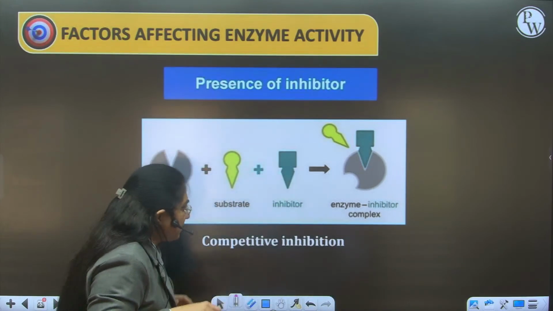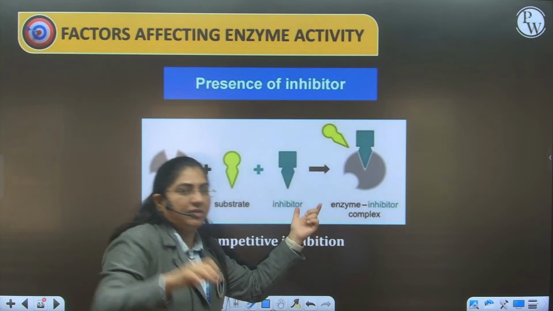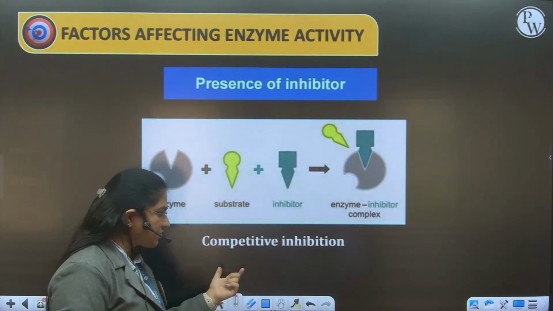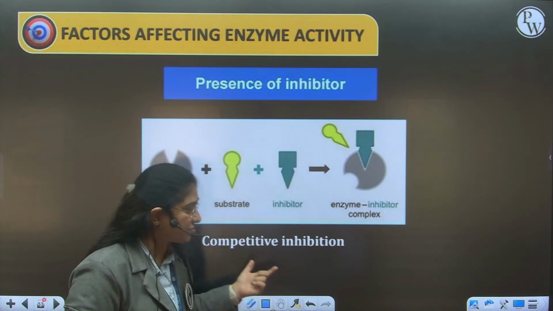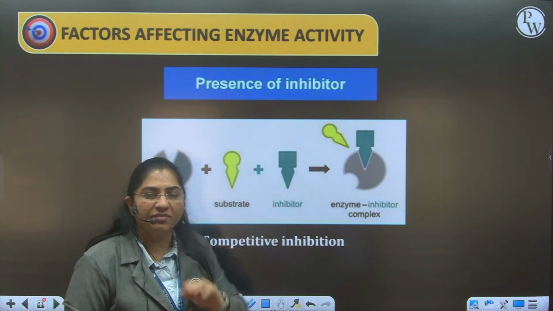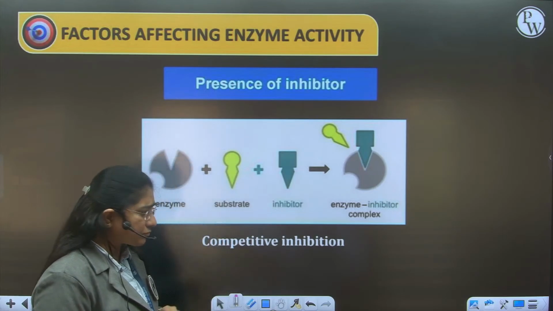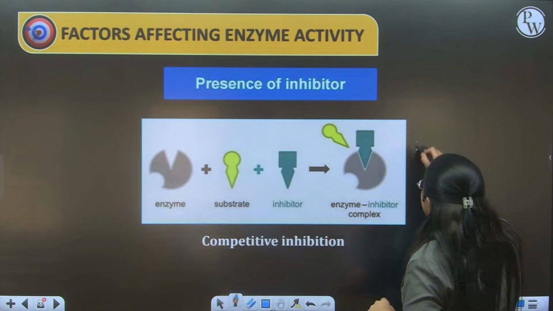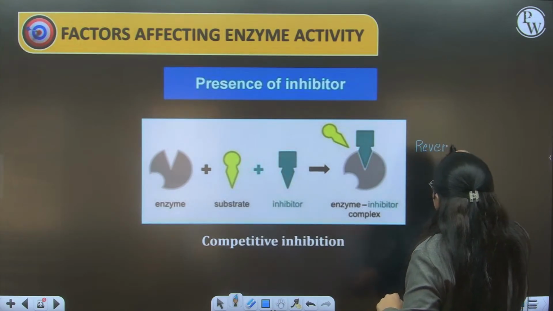And that is the reason they are called inhibitors, because they are competing with the substrate. Since they closely resemble the structure, you call them competitive inhibitors. But is this a reversible or an irreversible reaction? It is a reversible reaction.